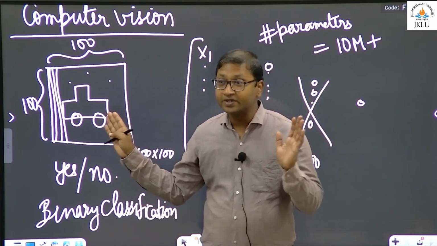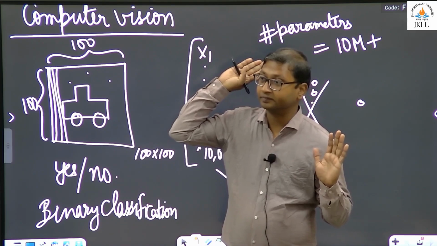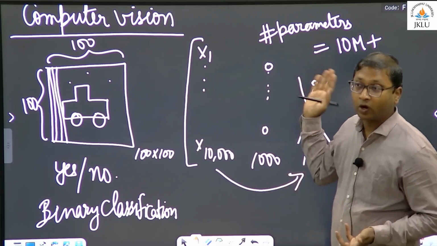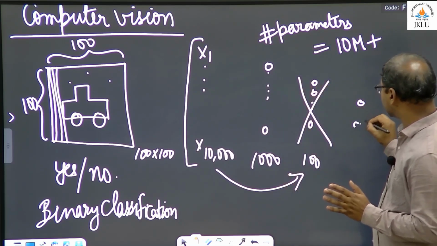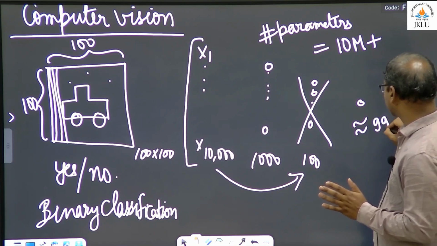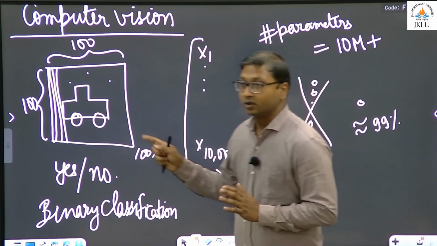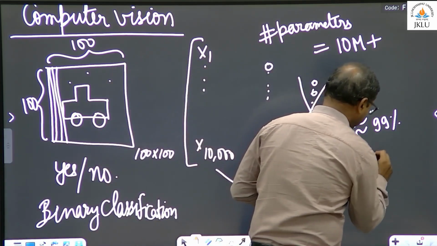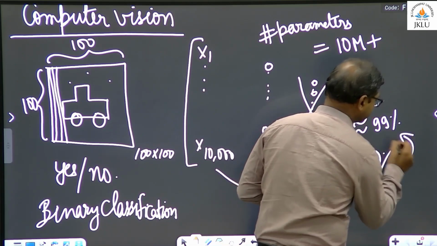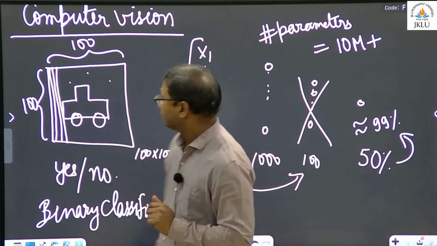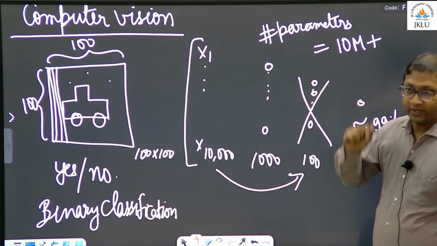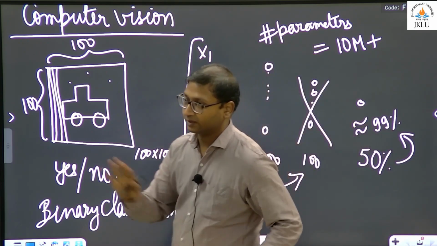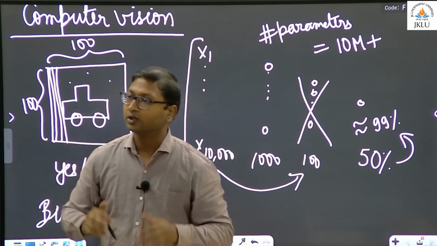So I'll be 50% accurate without doing anything, right? And with all this compute I don't know how much accuracy I will get unless I get something close to 99% or more, right? So you are coming basically from 50% to that, so there is a lot of compute involved here. In today's world 10 million parameters are nothing, right? You can run it on your laptops as well.